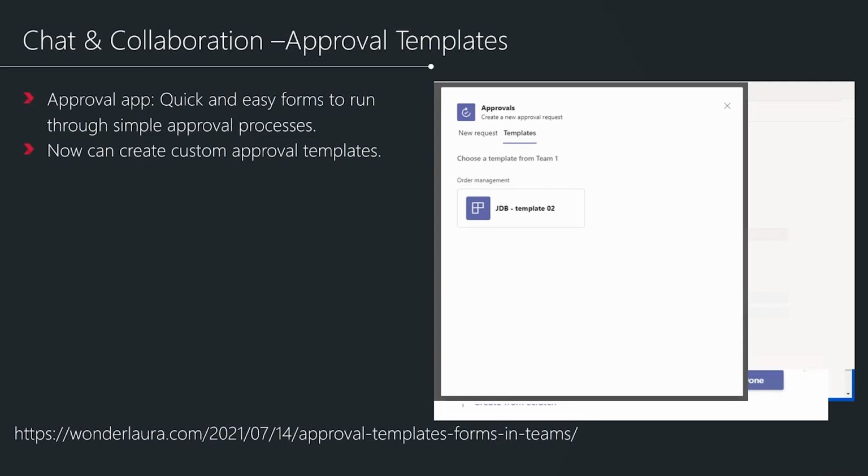Again, if you have multiple approvers, you can decide whether you want all of them to have to approve or just one of them. And then you can customize the responses a little bit if you're so inclined. Again, it's just a bit of flexibility in there.